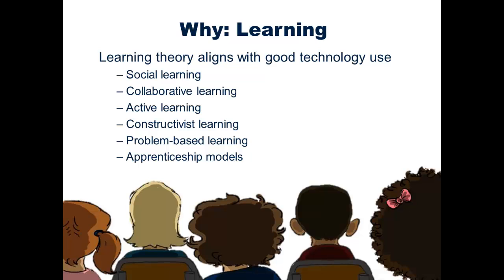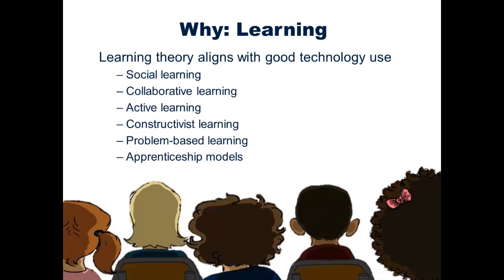So now the second component to why is the learning. The good news is learning theory aligns very nicely with good technology use. And in fact, many of the technologies that we're going to be talking about in the duration of this course align very, very nicely to some of the more popular learning technologies today that feed the millennial generation very well.